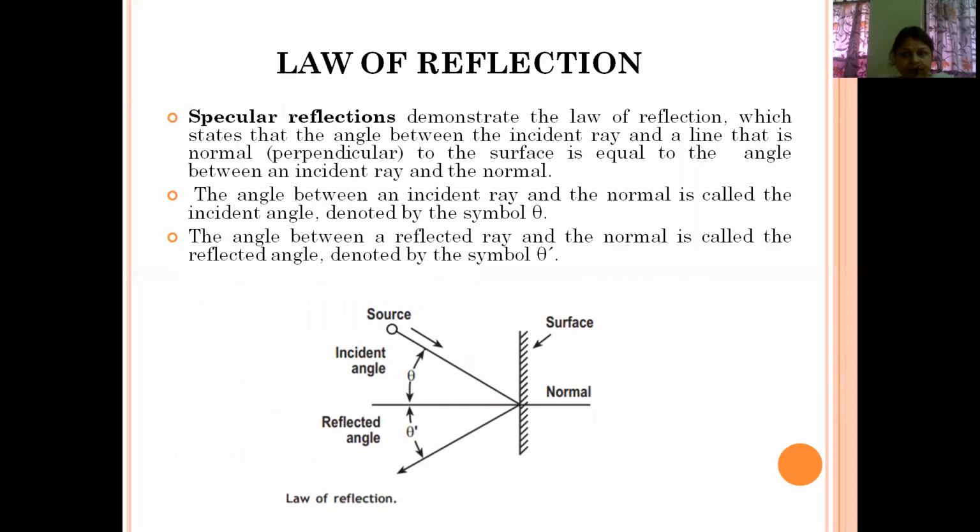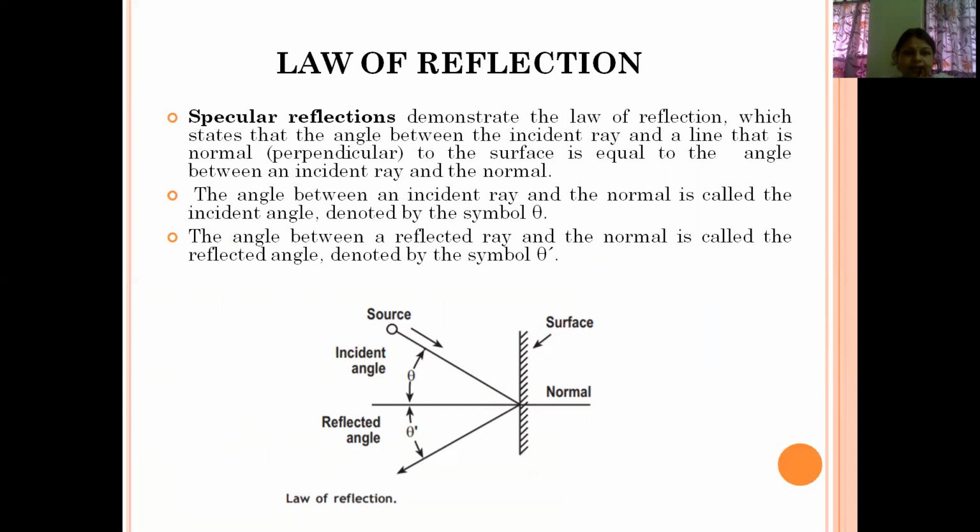Now, the law of reflection. Specular reflections demonstrate the law of reflection, which states that the angle between the incident ray and a line that is normal to the surface is equal to the angle between the reflected ray and the normal.